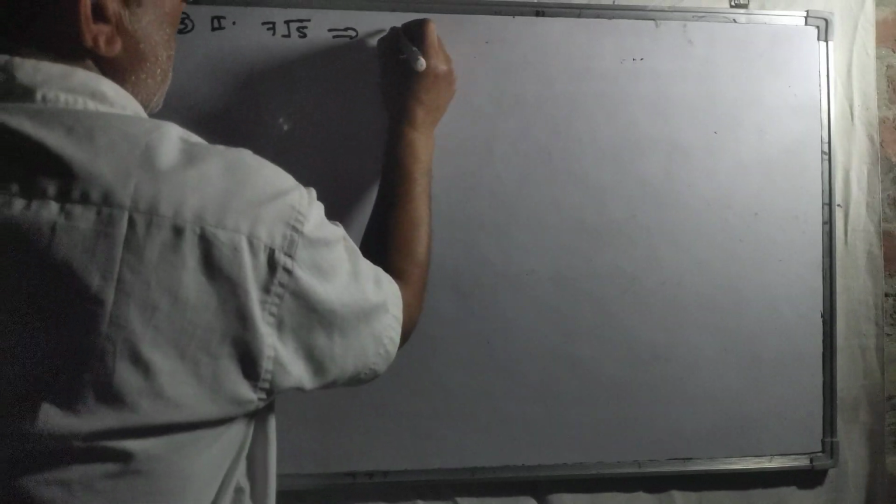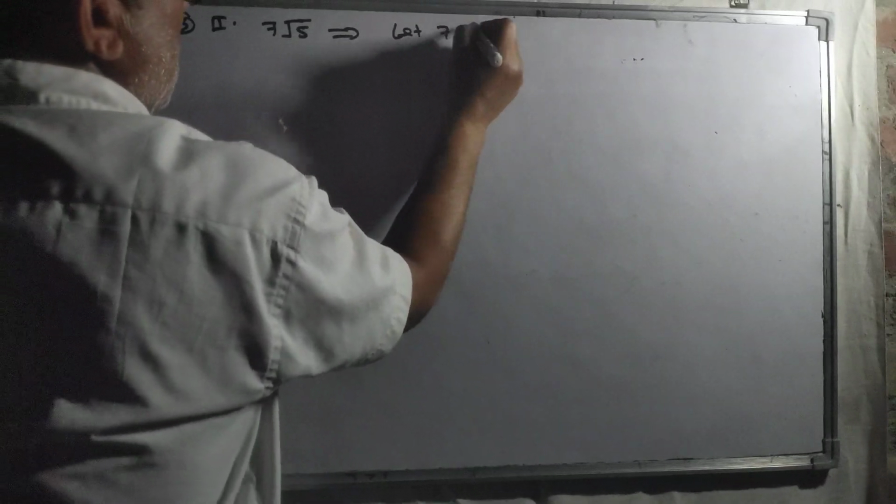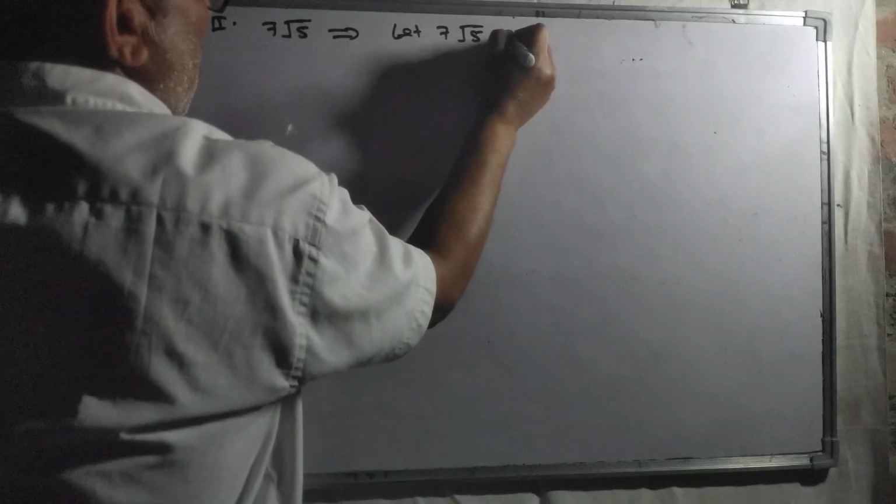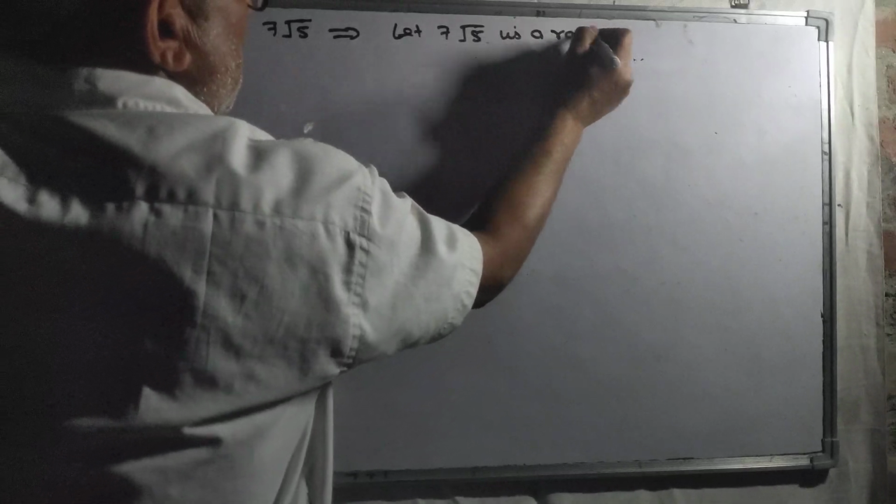By the previous method, let 7 root 5 be a rational number.